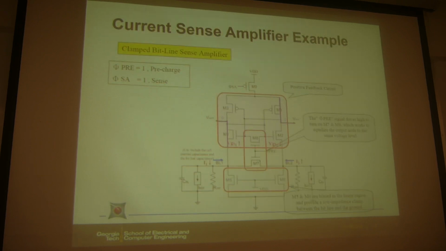And then this is current mode. So this is just one example for the current mode. Here this is your memory cell, so you have current in. Still you have the differential input, and here the load is like a latch, this positive feedback circuit.